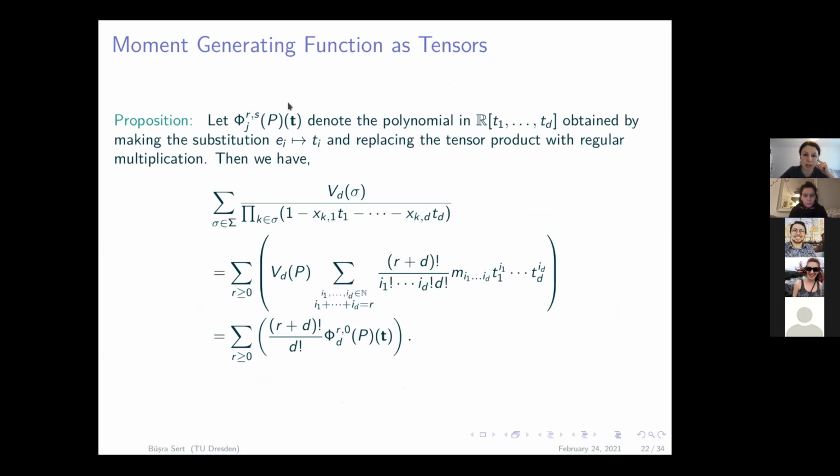We take the Minkowski tensor, and in the expression we substitute ti instead of ei, and we replace the tensor product with regular multiplication. This was the expression of the generating function for moments, and then we rearrange it and can express it like that.